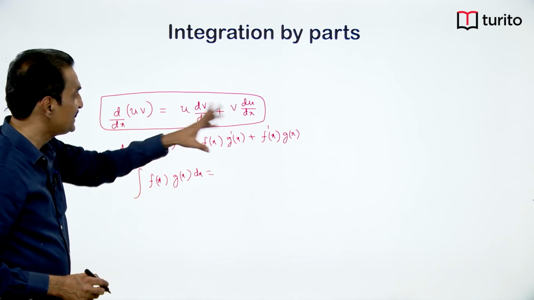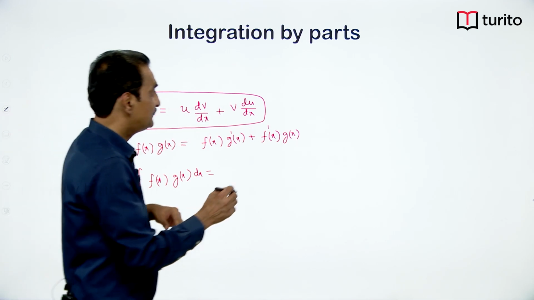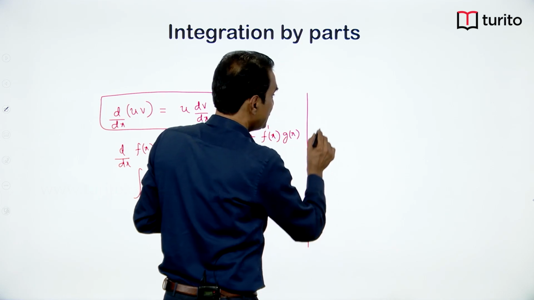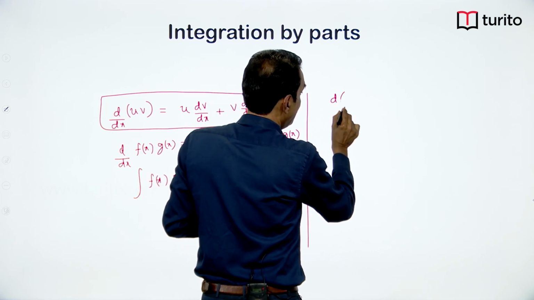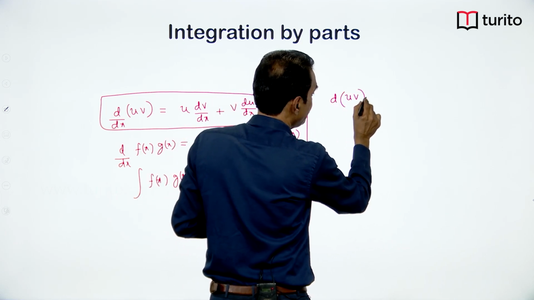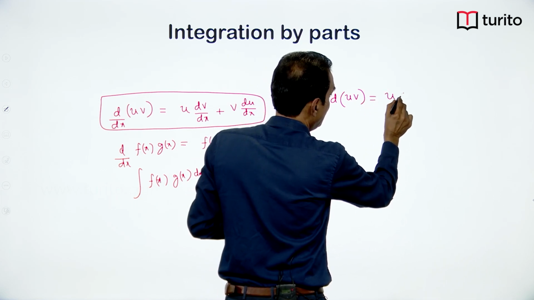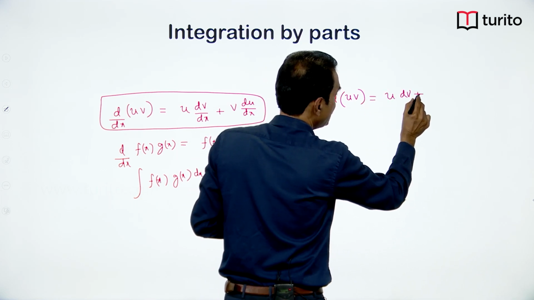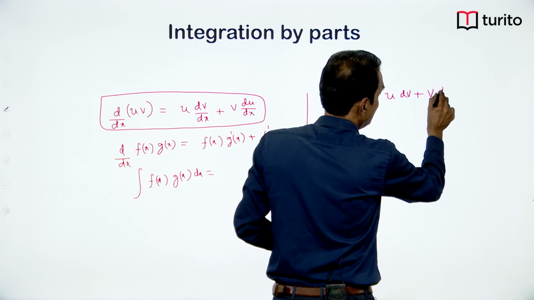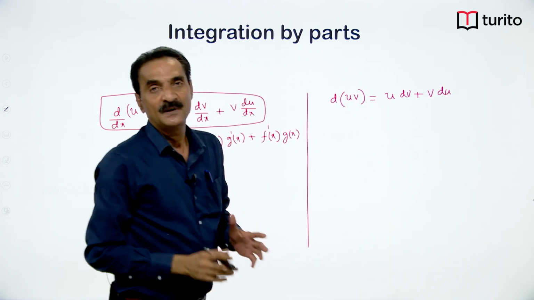Now let us cancel dx, then you will get d of uv is equal to u dv plus v du.